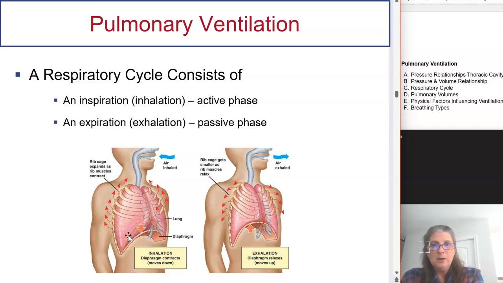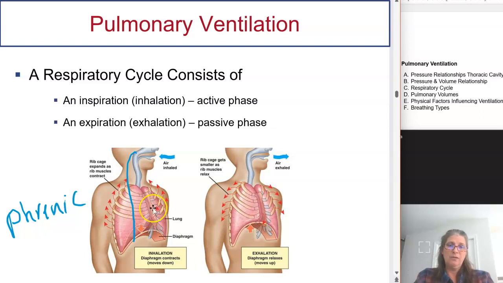So a nerve impulse has to come down to the diaphragm. You might remember it gets there through the phrenic nerve. And when it goes through the phrenic nerve and innervates the diaphragm, that makes the diaphragm contract. So normally it's this dome-shaped muscle, and when it contracts, it flattens out. So that's why it's called active.